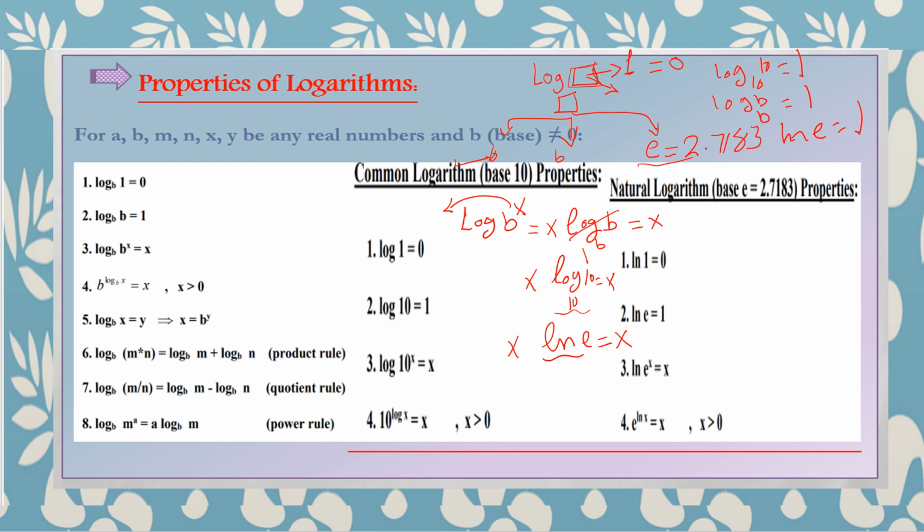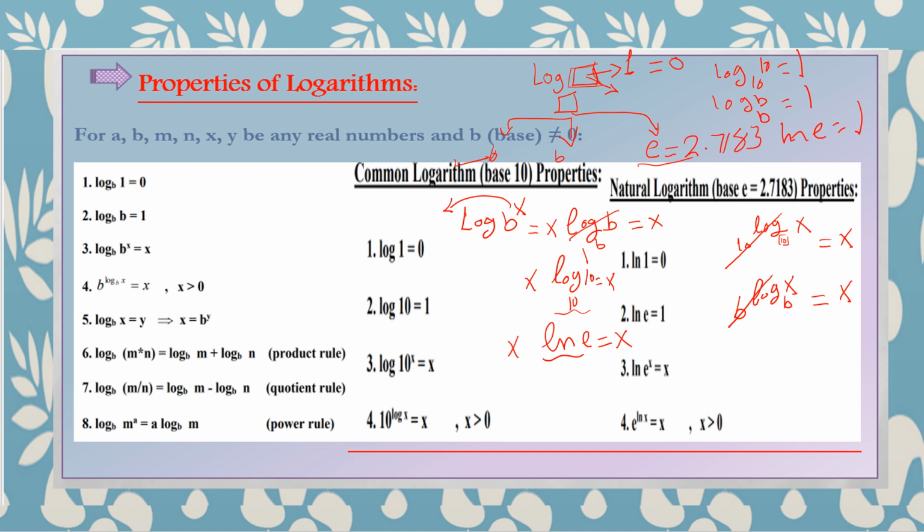When we have 10 to the power log x, the base here equals 10 also. So 10 to the power log 10 equals 1, so this equals x. Again, when we have b to the power log base b of x, b goes with log b, so this equals x.